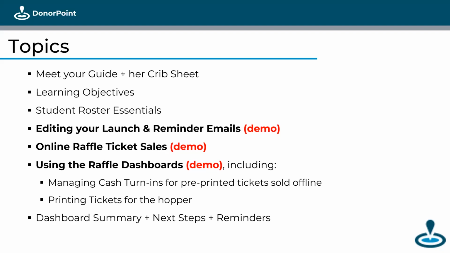We're going to show you the new raffle dashboard and use it to generate reports, to do management, to jump in and manage cash turn-ins for pre-printed tickets, and we're going to review how to print tickets for the hopper. Finally, we'll go through a quick dashboard summary so you remember what all the different things that you saw were, and look at next steps and reminders going into our fall raffle season.